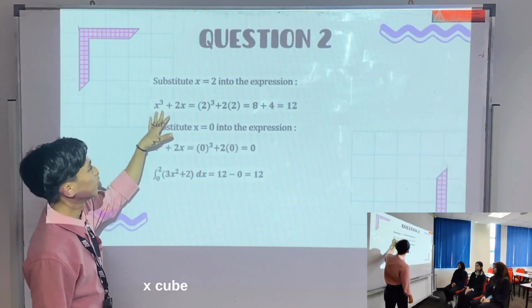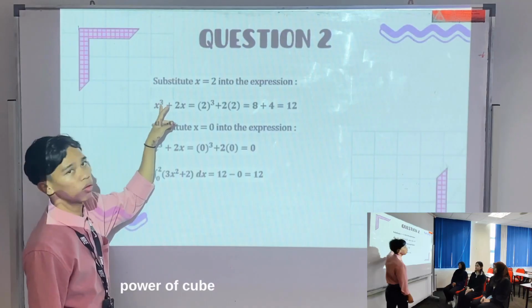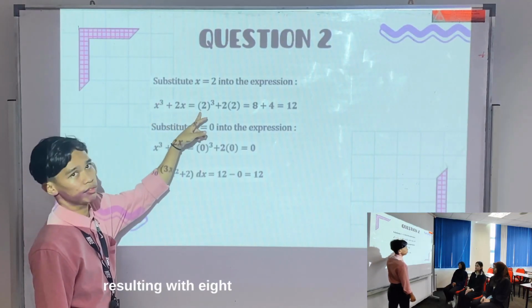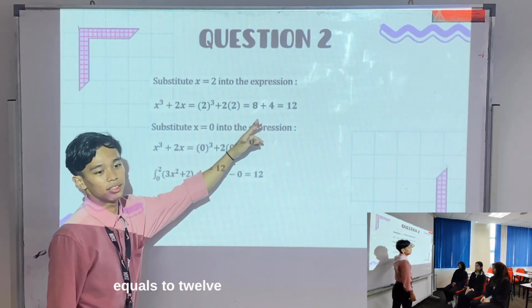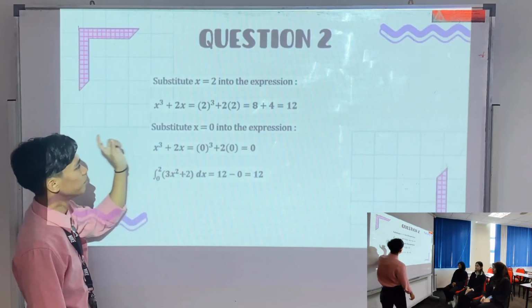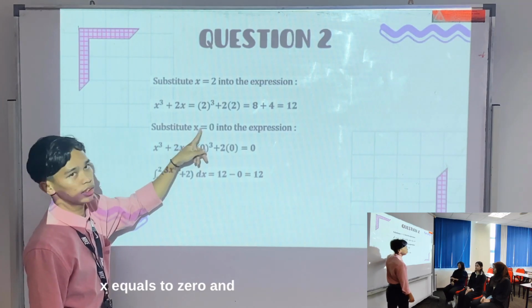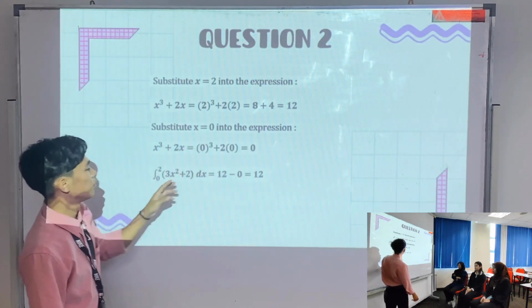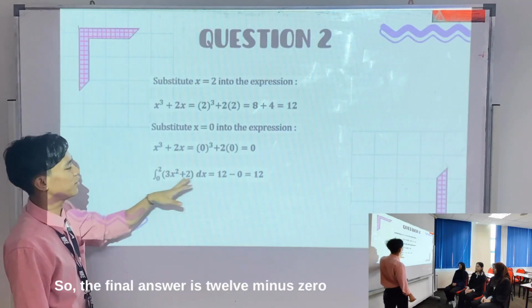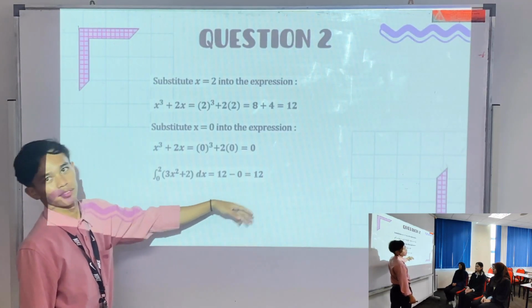X cubed, 2 to the power of 3 is 8, plus 4 equals 12. Substitute for the next part, x equals 0, and we get 0. So the final answer is 12 minus 0, which is 12.